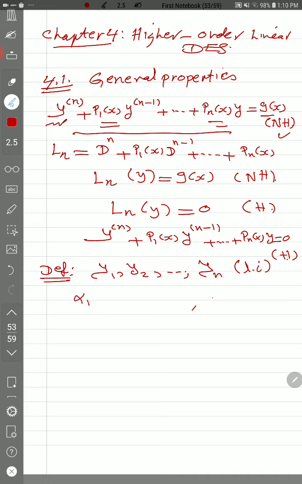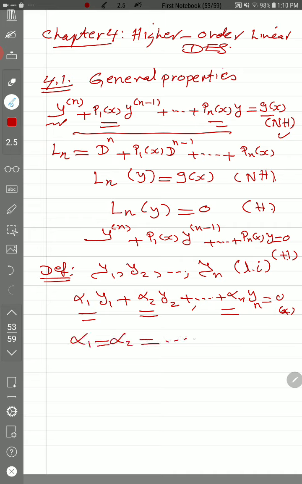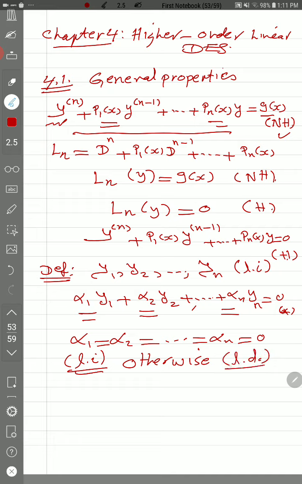As before, you formulate the equation alpha 1 y1 plus alpha 2 y2 plus until alpha n yn equal to 0, and if you prove that these constants are all equal to zero, then they are linearly independent. Otherwise, they are linearly dependent, which means that at least one of these constants is not equal to 0.